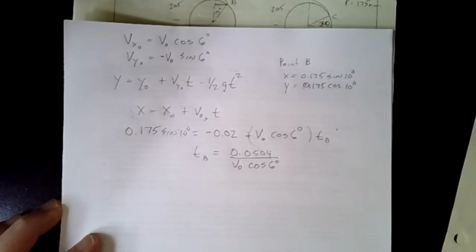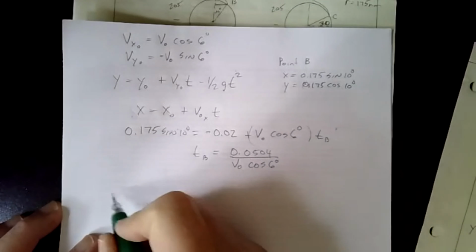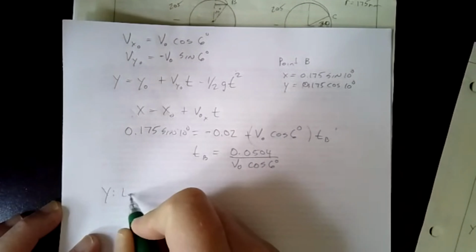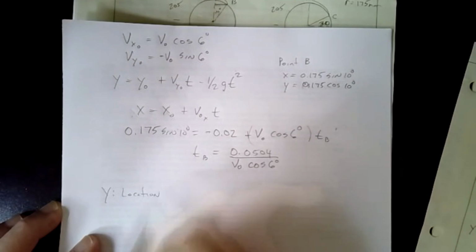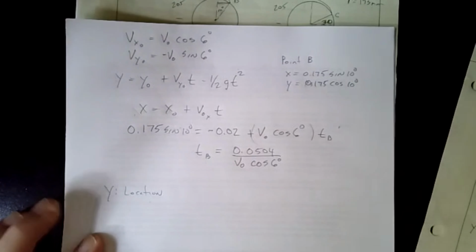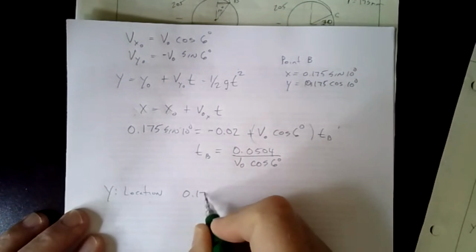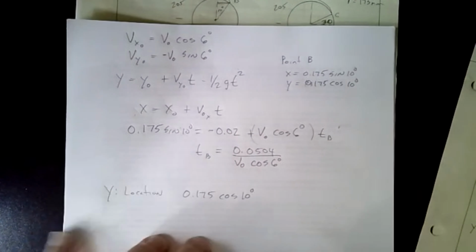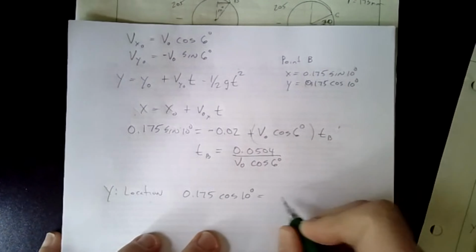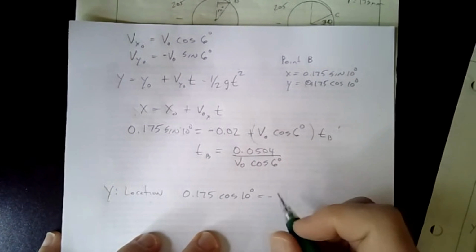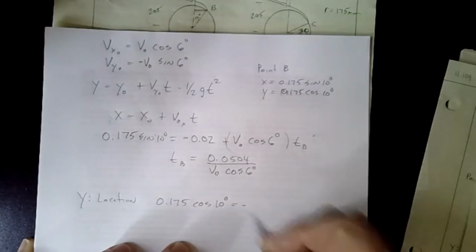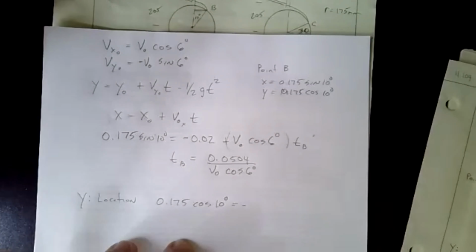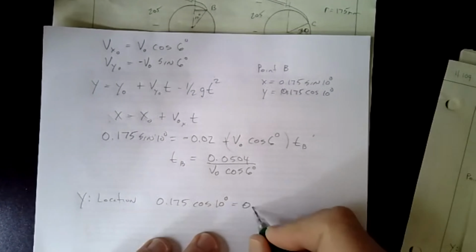With our y location we're going to do the same thing. We have 0.175 cosine 10 degrees, and that's going to equal, oh yeah, 0.205.